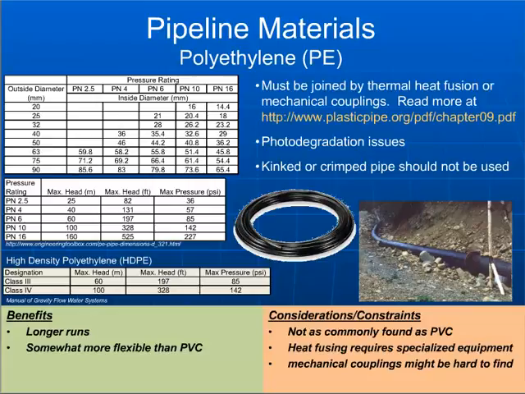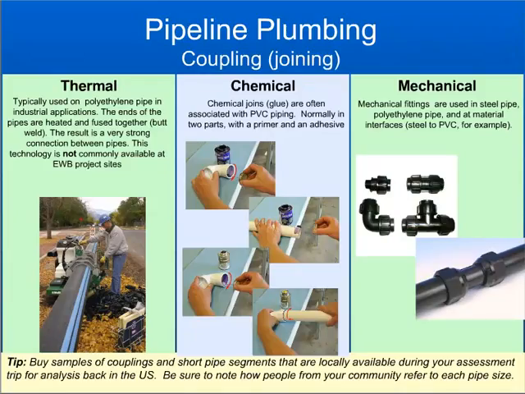They don't discuss it in terms of Schedule 40 or Schedule 80, but this PN number, which essentially refers to, so PN 10 would be polyethylene pipe that's rated for a static pressure of about 100 meters of water. So that's what those different pressure ratings come from there.